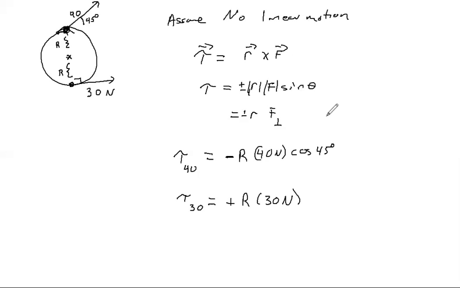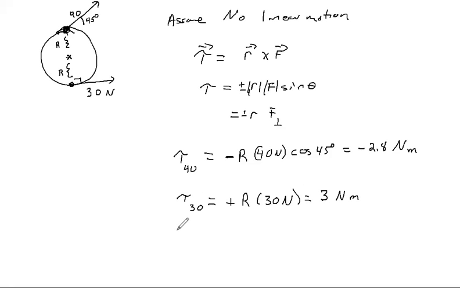So I can just type these numbers in: 0.1 times 40 times cosine 45. I find up here, this is going to be negative 2.8 Newton meters. And over here, I'm just going to get 3 Newton meters.